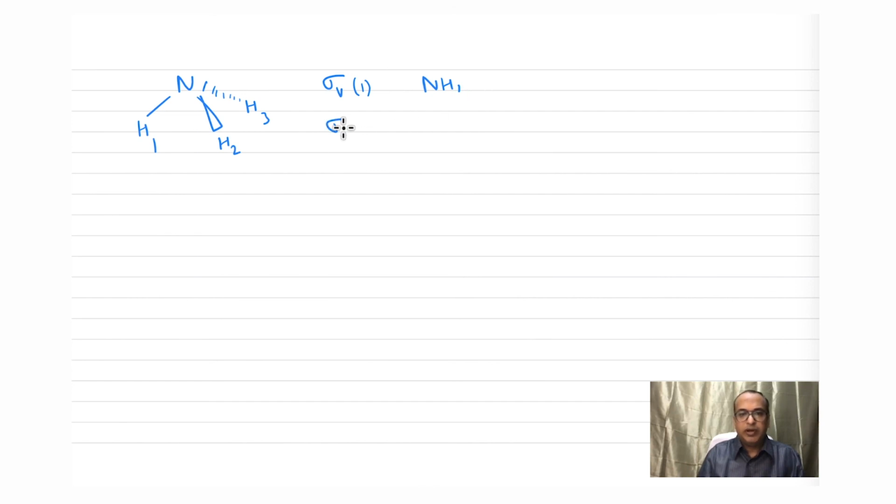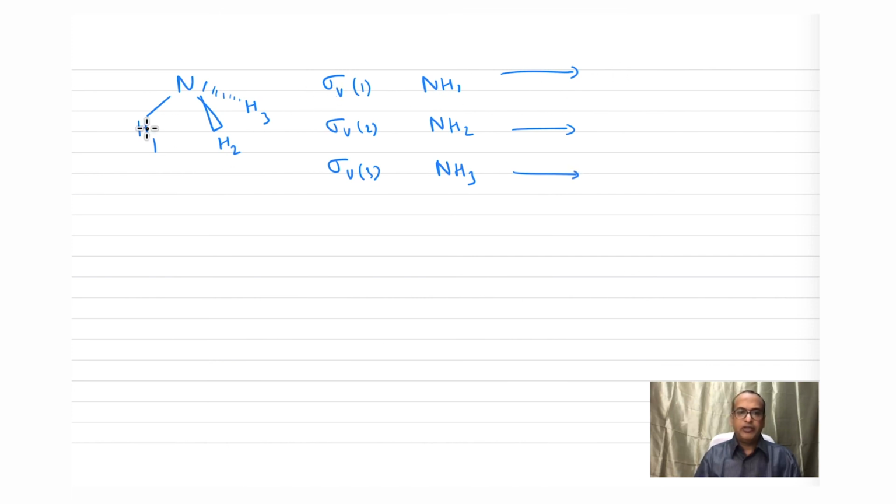Then there will be sigma v2, which is passing through NH2, and sigma v3, which is passing through NH3, right? So let us see the result in each of the cases.